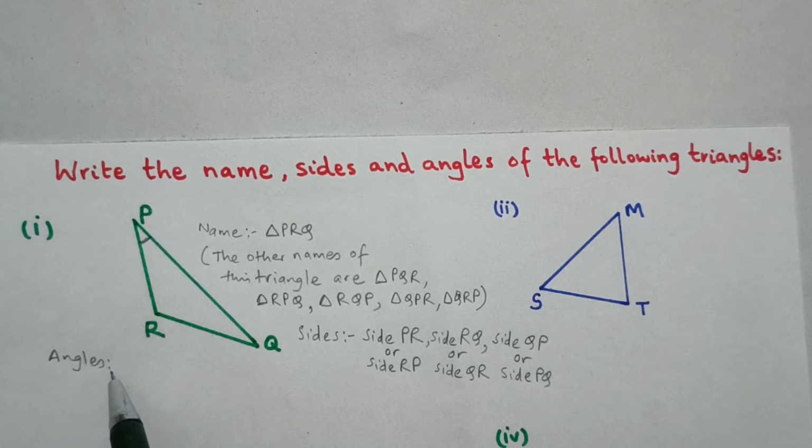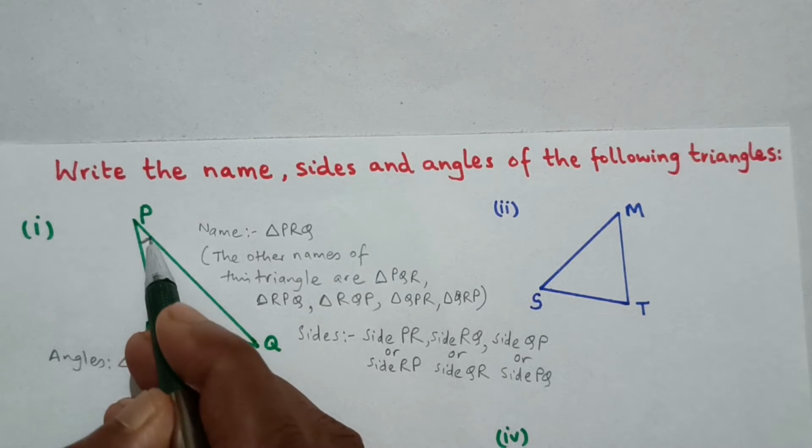So we will name the angle with 3 alphabets. So this is the symbol for angle. So angle, now we will write it with 3 alphabets. So we are now writing the name of this angle.